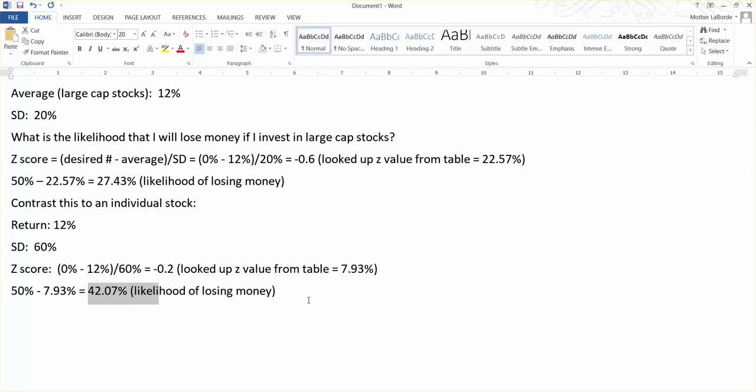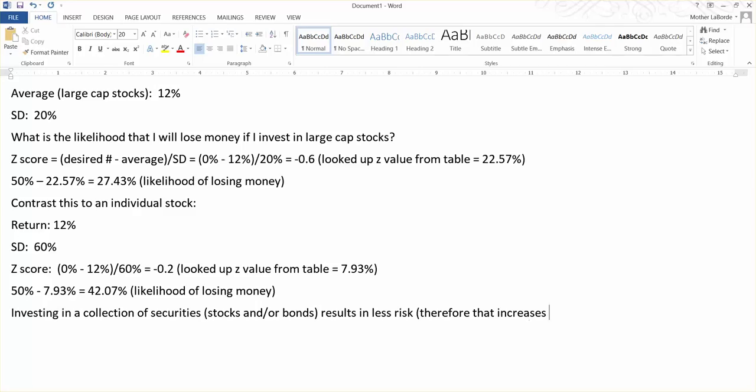So, what I'm trying to demonstrate with this is investing in a collection of securities, stocks for instance, so stocks and or bonds, results in less risk, and therefore that increases your likelihood of generating a positive return.